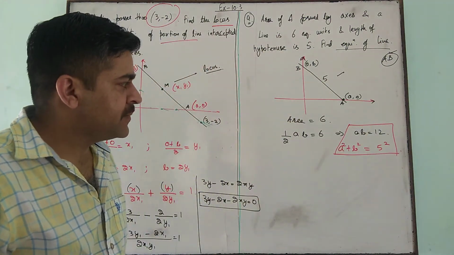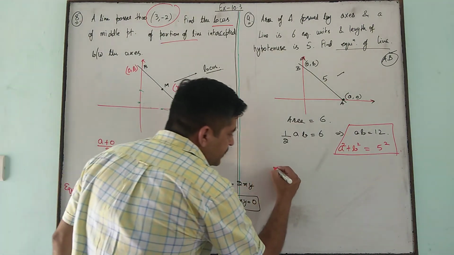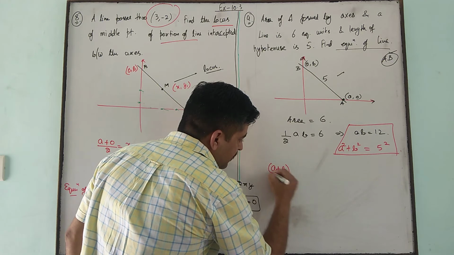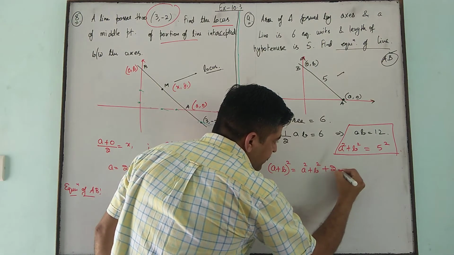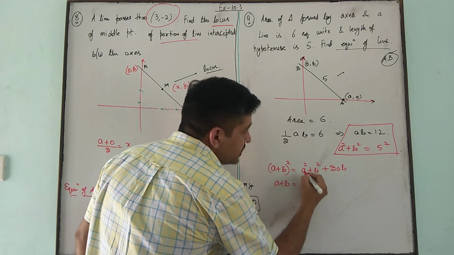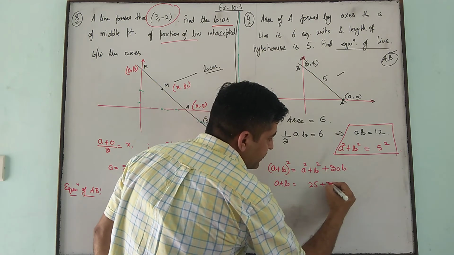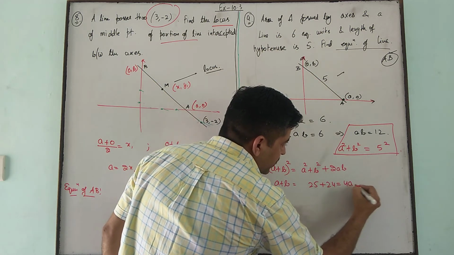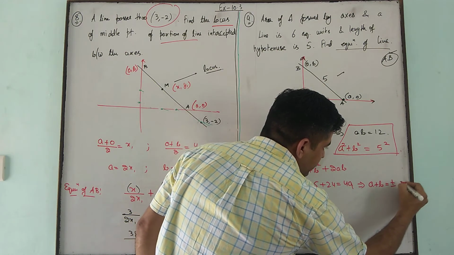How to solve it? If A square plus B square and AB are given, you can write (A plus B) whole square equal to A square plus B square plus 2AB. So we will get A plus B directly. A square plus B square is 25, plus 2AB means 24, that is 49. That means A plus B is equal to plus minus 7.